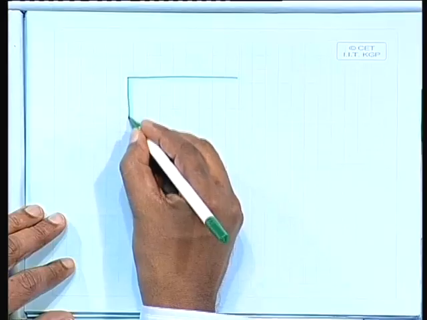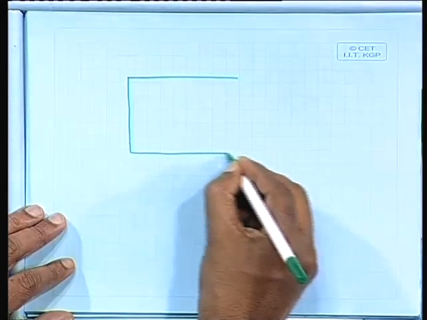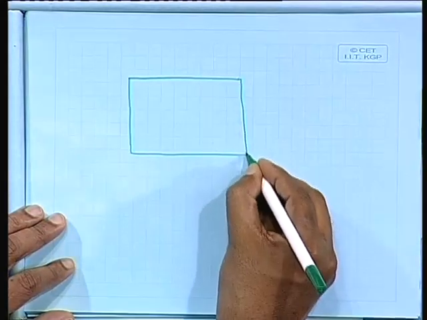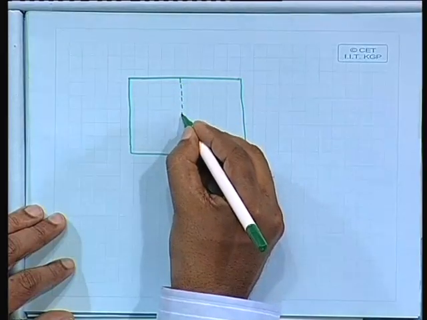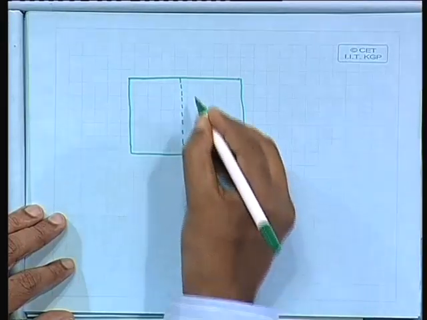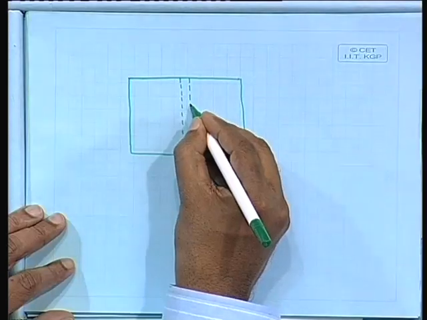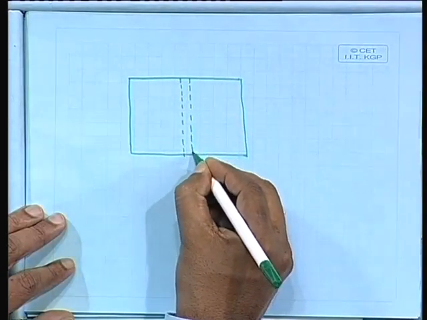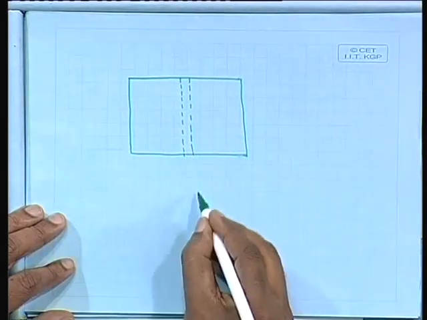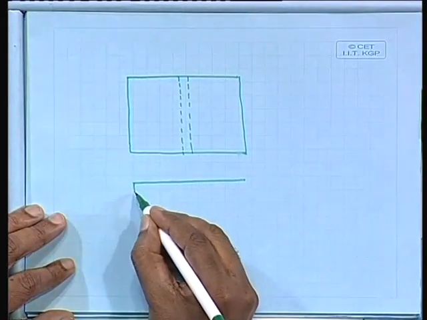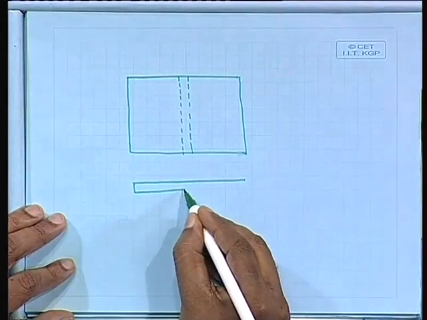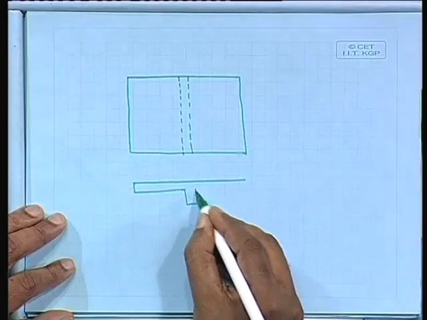If this is the slab and we are looking from the top, say at one beam, then from this side you get a beam and a slab like this.